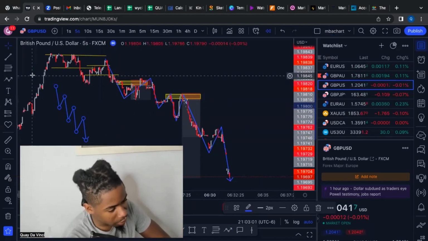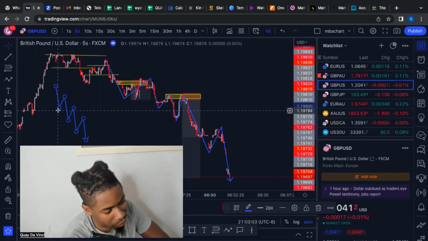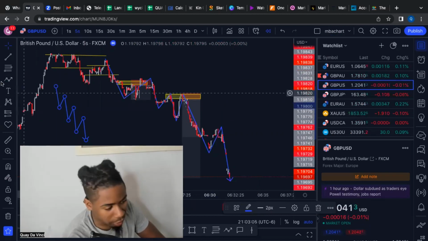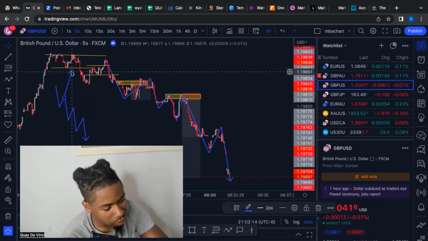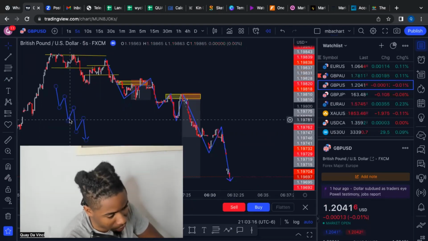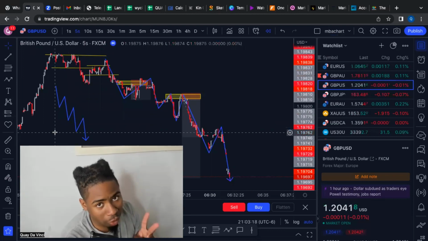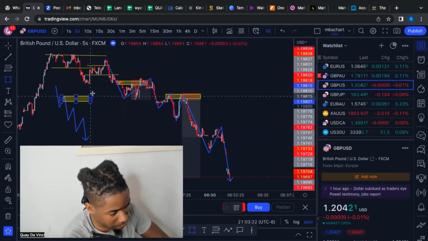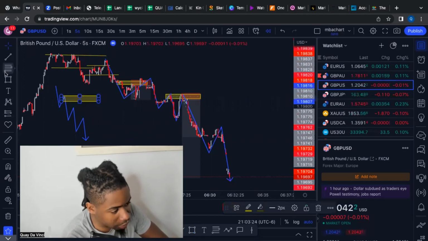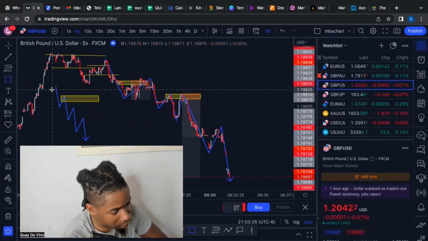So after the first break, I still don't have a trade setup because that could easily just be a liquidity grab and price can just easily continue up. After the second break, though, I have two trade ideas. I have a trade idea at this supply zone, and I have a trade idea at the initial supply zone.